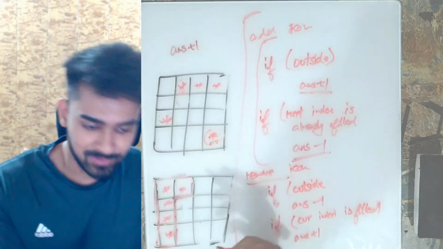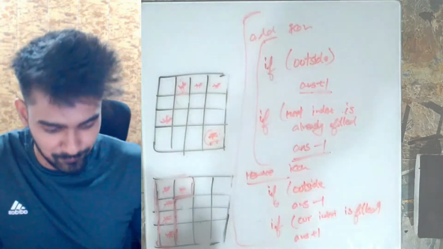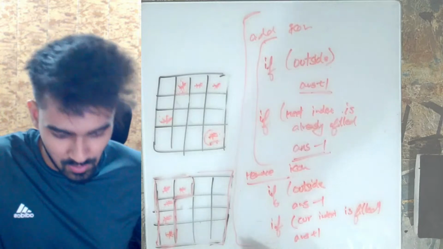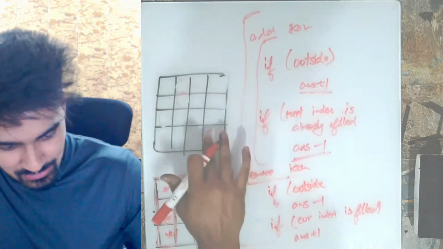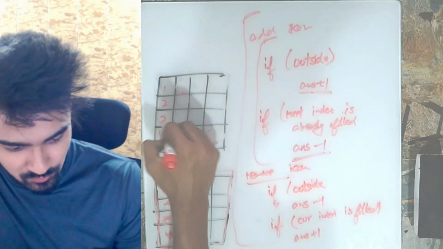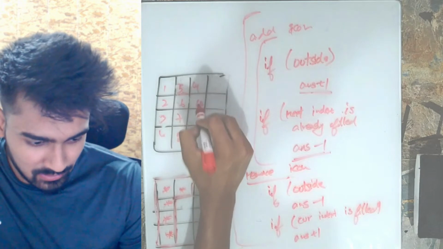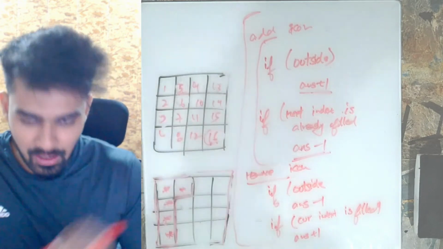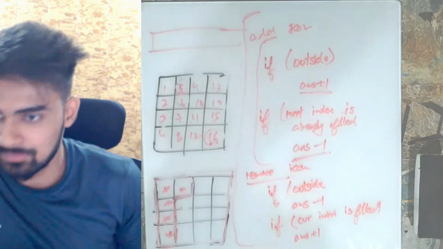In order to simplify the implementation, instead of considering this as a 2D grid, what we could have done is, let's assume the icons were numbered 1 2 3 4 5 6 7 8 9 10 11 12 13 14 15 16. We could have actually made a single array.